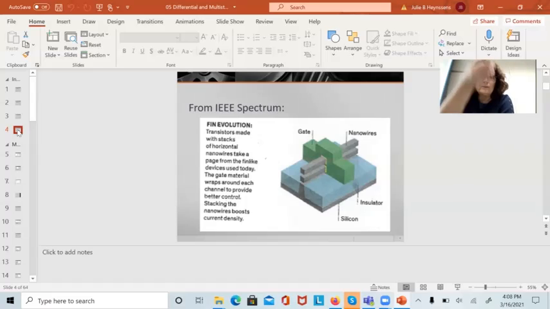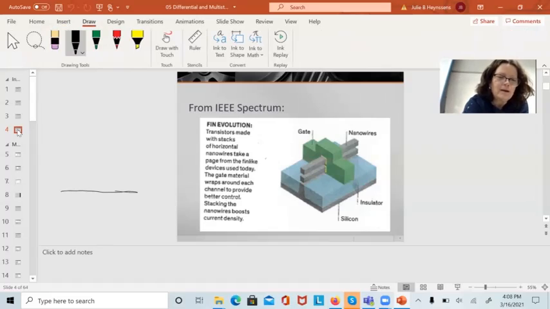Now, this slide is out of date since like last year. I can tell you what's going on. The first step of this was we take that planar transistor, and I hope I can draw. Yay. We take that planar transistor and instead we turn the gate on its side like this. And we put an insulating layer down here.